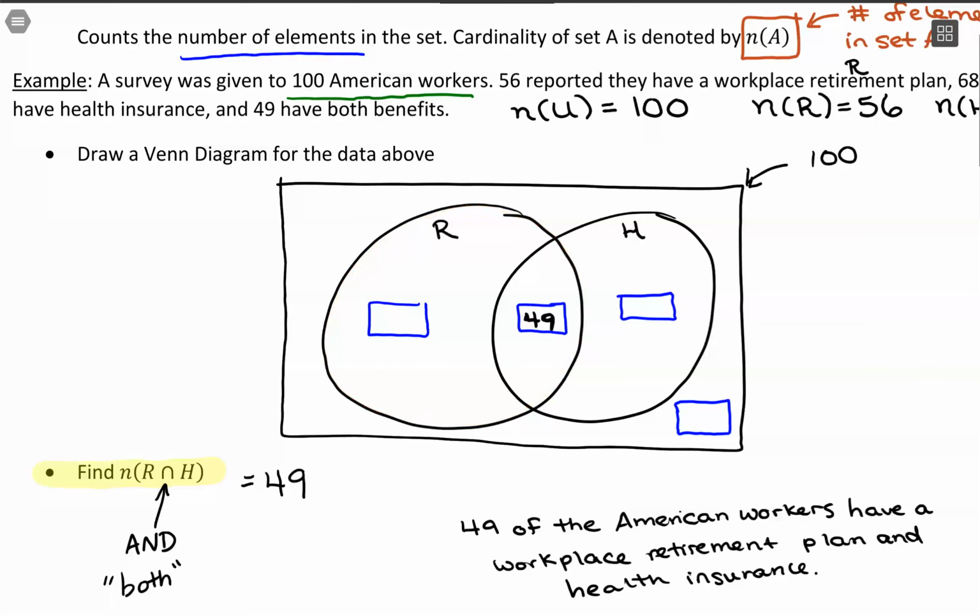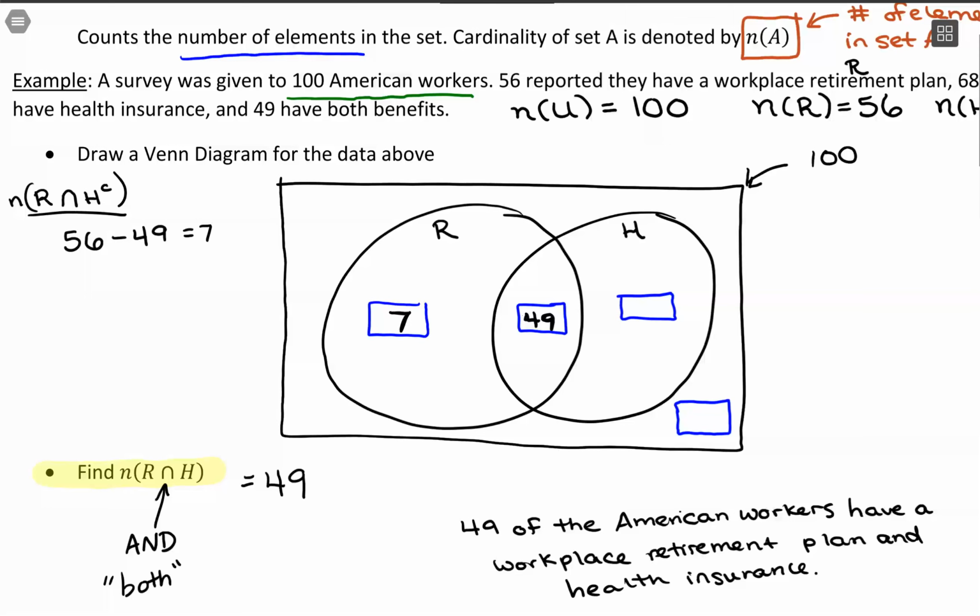So to get that spot for just retirement plan, kind of like retirement plan and at the same time no health insurance, what we could do is to think of the cardinality for that, is we have overall these 56 people, but take out that overlap of the 49. So we can figure out who just has a retirement plan, and that should be 7.